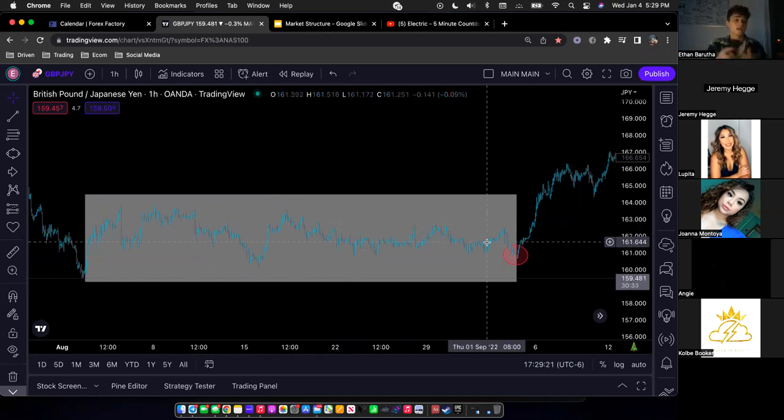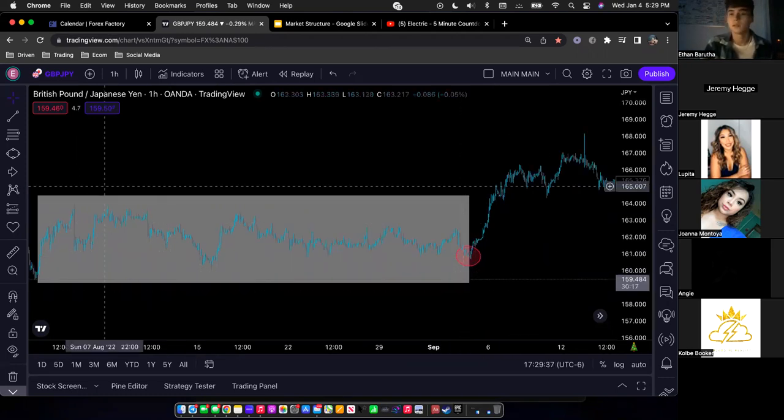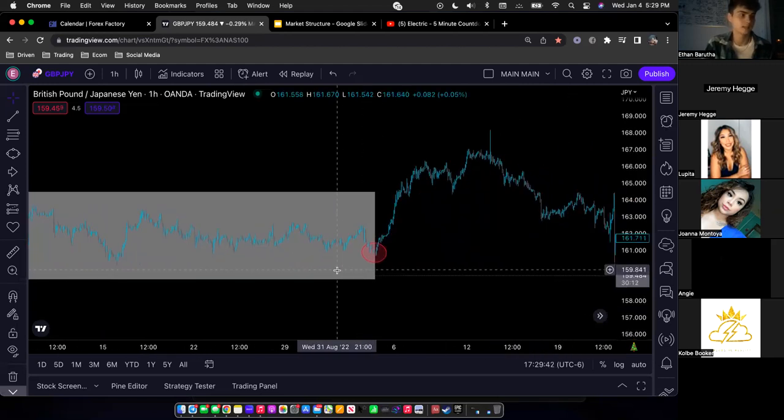I don't want to be looking at my phone for 4 hours while this thing stays in the same place, hoping for a breakout. So wait for a breakout. A breakout had happened. Now we can capitalize on it.